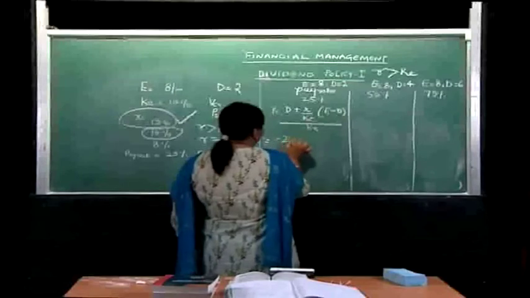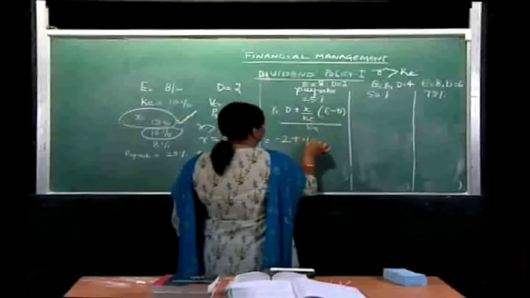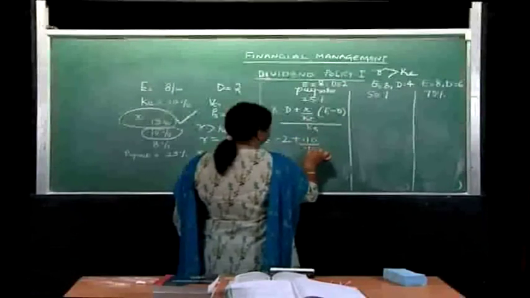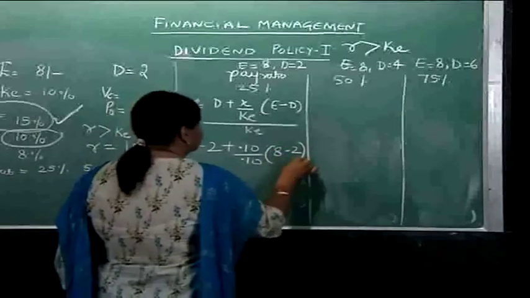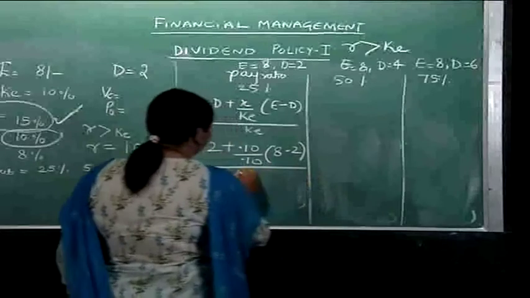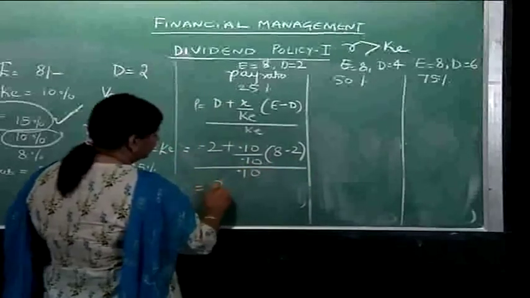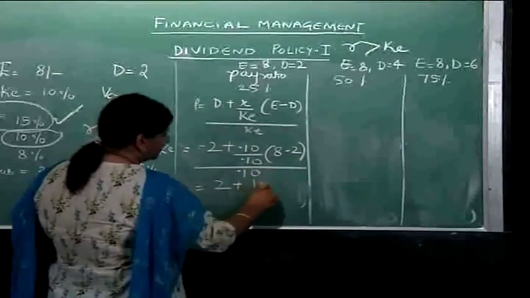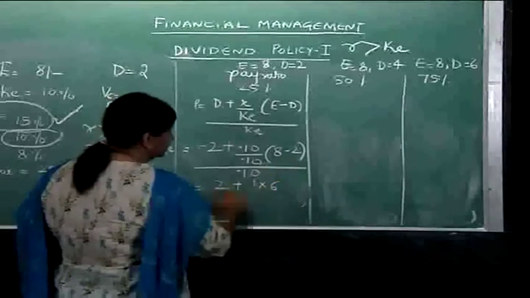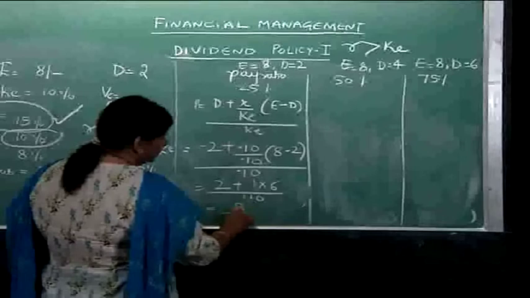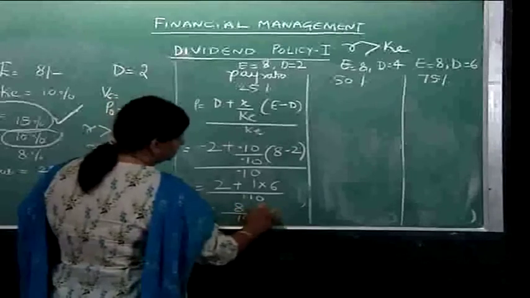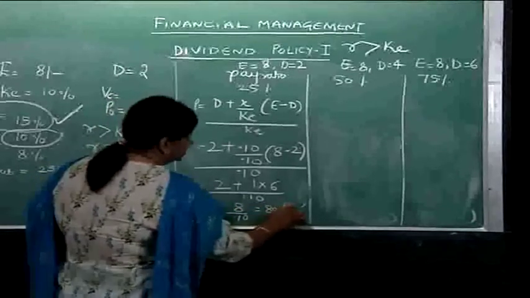So D is 2 rupees plus 0.10 upon 0.10. E is 8 and dividend is being paid at 2 rupees. This whole divided by 0.10. So we are getting 2 plus 1 into 6 divided by 0.10. So it's 8 divided by 0.10 and it comes out to be 80 rupees.